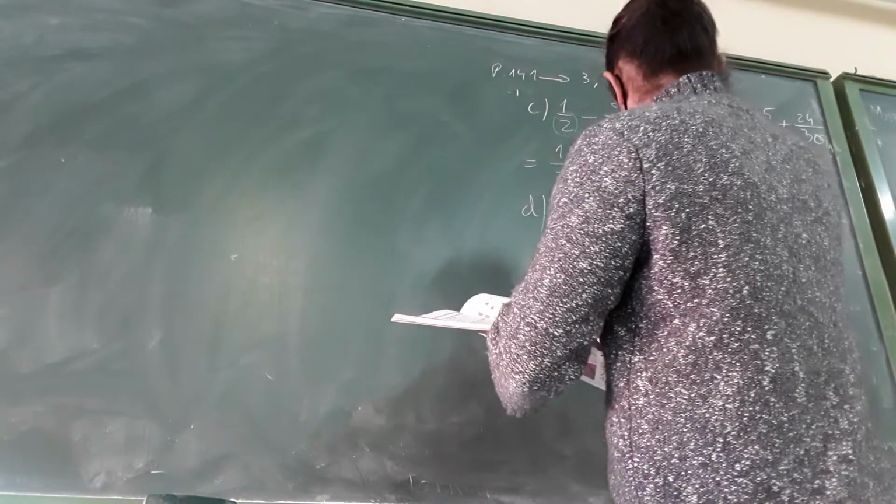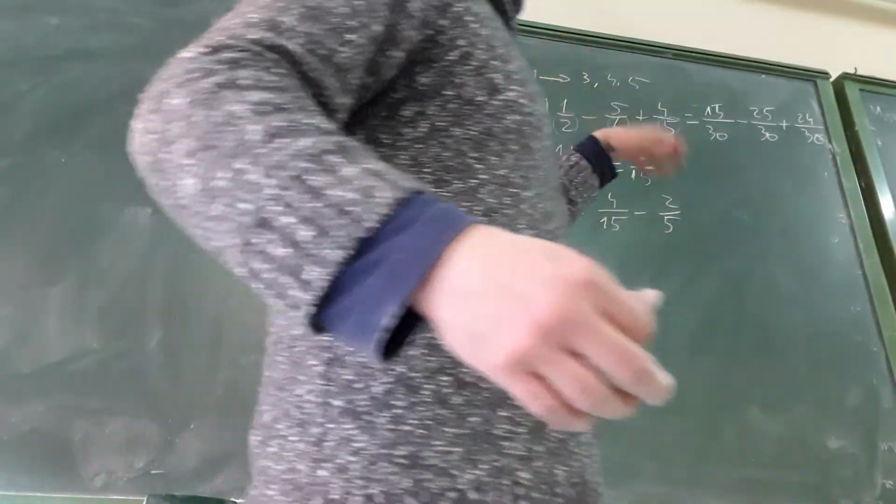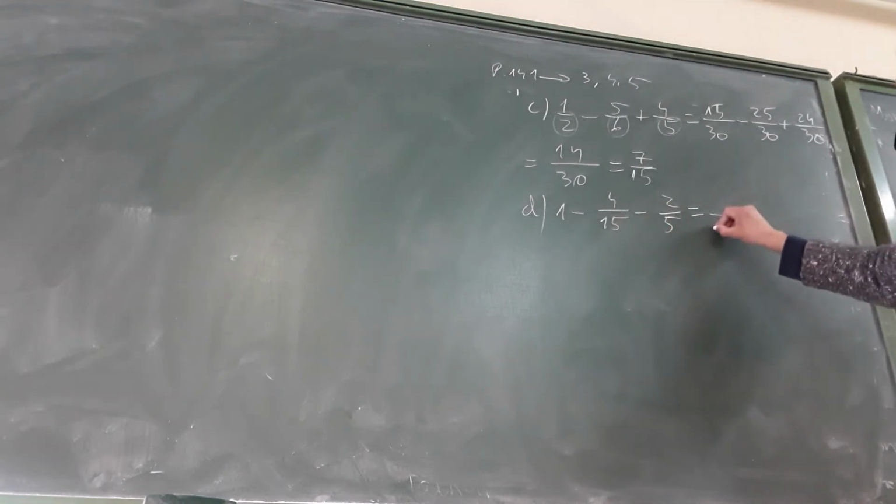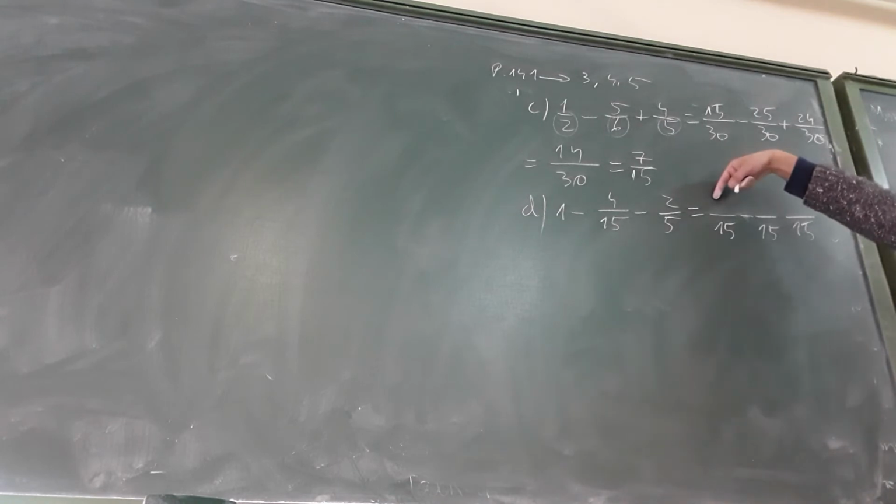Easier. Come on, Sara. 1 minus 4 over 15 minus 2/5. Any volunteers? Adrián? Okay, what is the lowest common multiple? 15. 15 can be divided by the others, so it's going to be 15. First number is going to be 15.